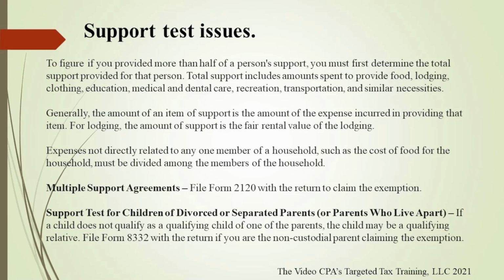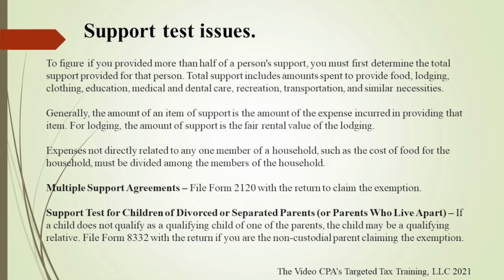It could be the non-custodial parent claiming the exemption, but Form 8332 has to be filed, and the custodial parent in this case would have to sign off on Form 8332. Both of those forms, whether it's a multiple support agreement or a divorce situation, have to be signed off by the other parties.